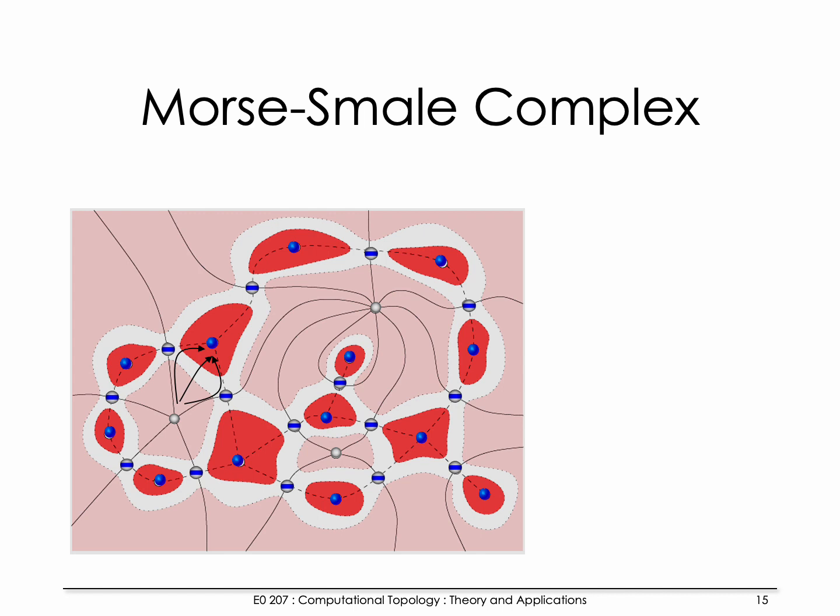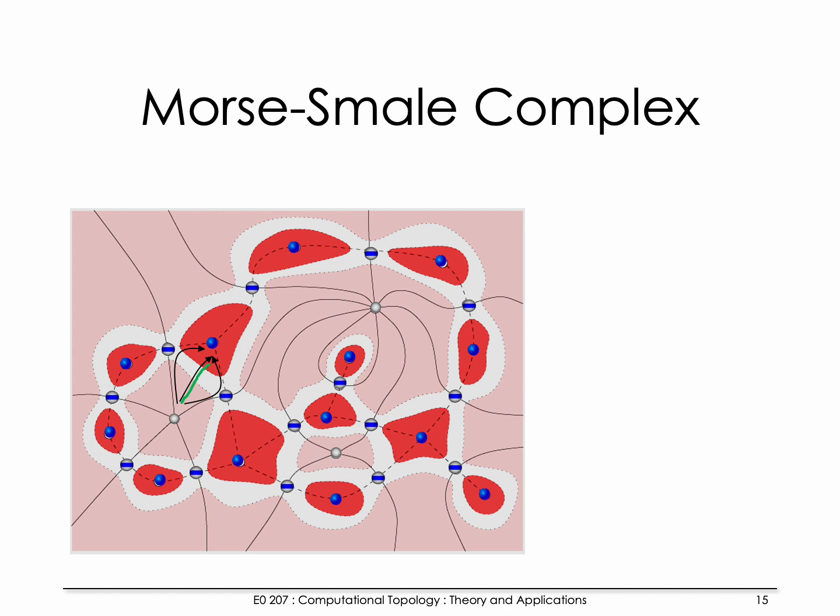Each cell in this Morse-Smale complex is a collection of integral lines that begin and end at a given pair of critical points.